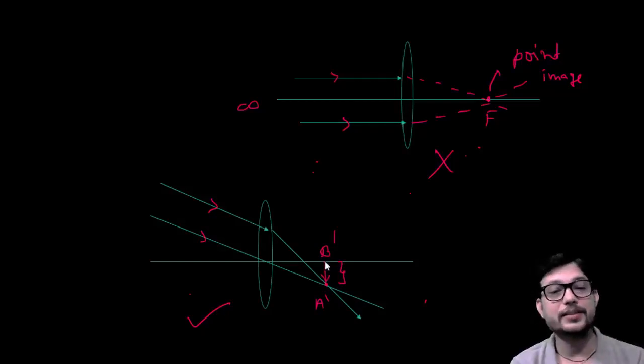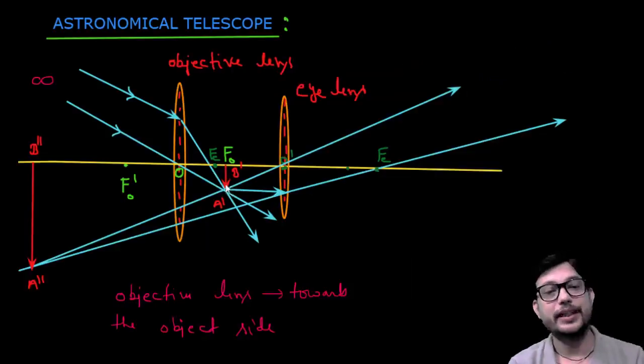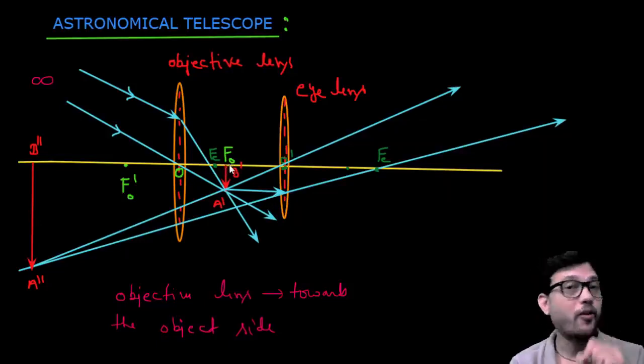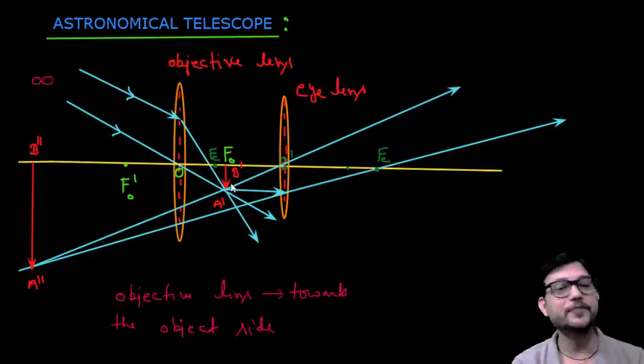This will be your point of focus, or we can say F O, the focus of the objective lens. Here this is point F O, focus of the objective lens, and A dash B dash is the definite sized image of the object.